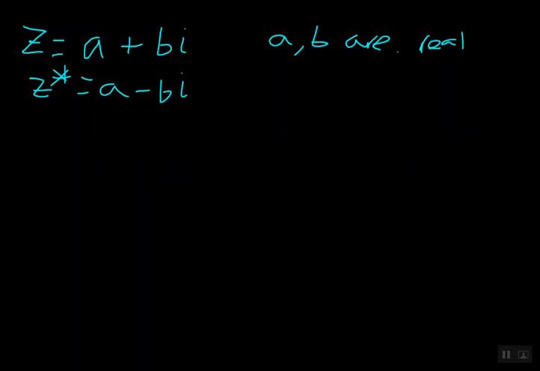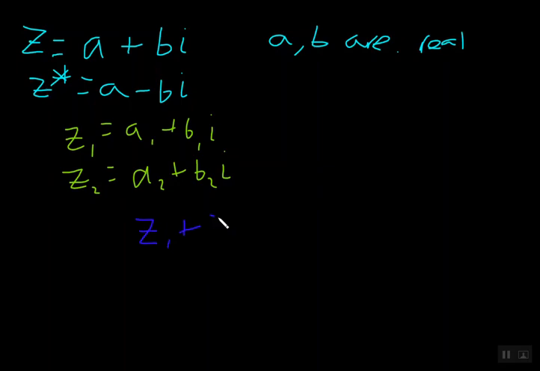Now, I've got two complex numbers, z1 and z2. z1 is a1 plus b1 i. z2 is a2 plus b2 i. So now, let's look at what the complex conjugate of z1 plus z2 is.